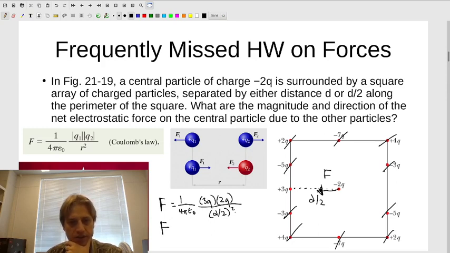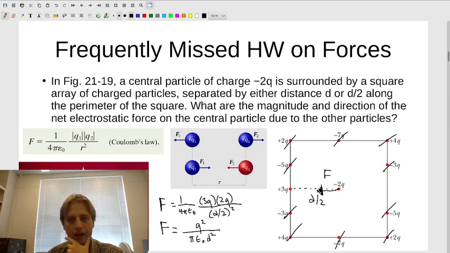This is 6, this is over 4, so 1 over 4, the 4 is going to come up here. It's going to cancel out the 4 on the bottom down there. And so you're going to ultimately get q squared over pi epsilon naught d squared.